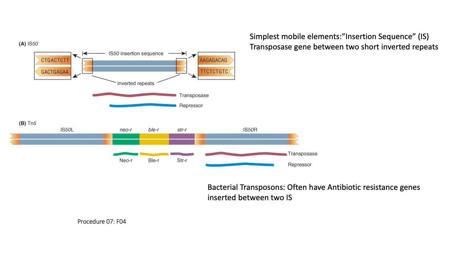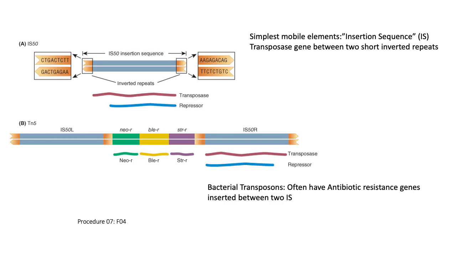And what does the transposase do, you ask? The transposase cuts the inverted repeats like a restriction enzyme. And it cuts out the insertion sequence, the actual transposon, and it moves it.